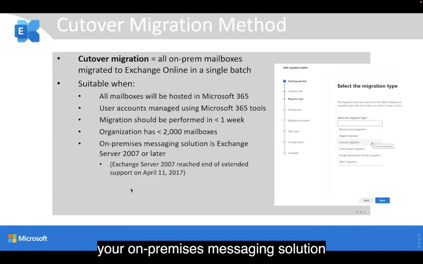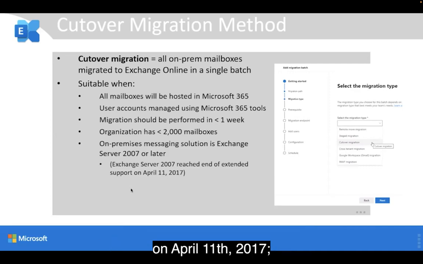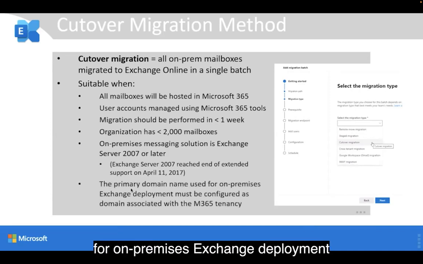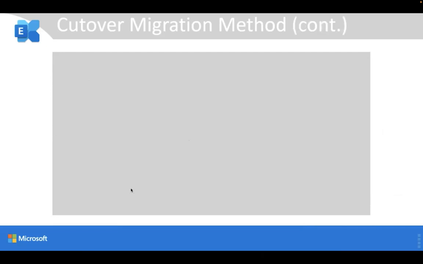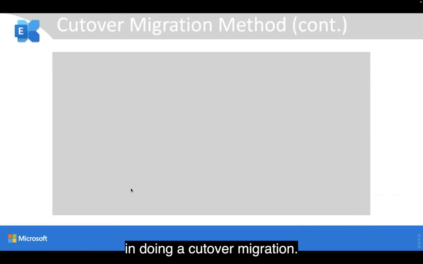Your on-premises messaging solution is Exchange Server 2007 or later, which will hopefully not be a concern since Exchange Server 2007 reached end of extended support on April 11, 2017. And the primary domain name used for the on-premises Exchange deployment can be configured as a domain associated with a Microsoft 365 tenancy.